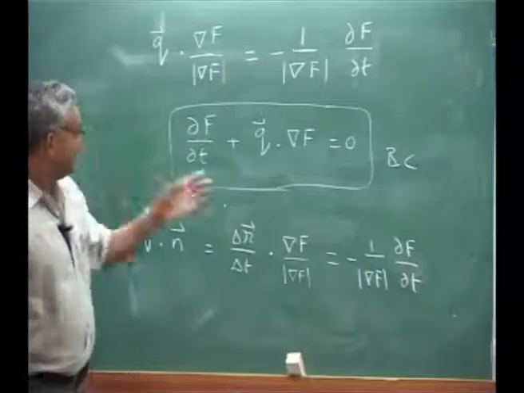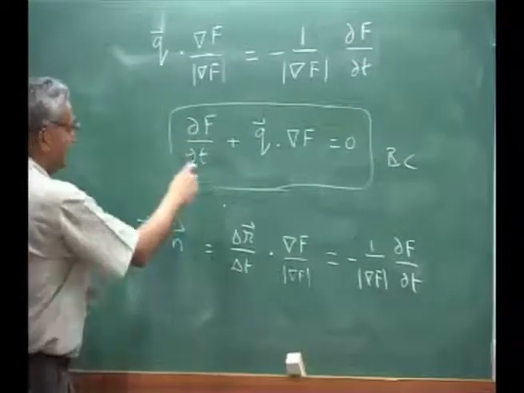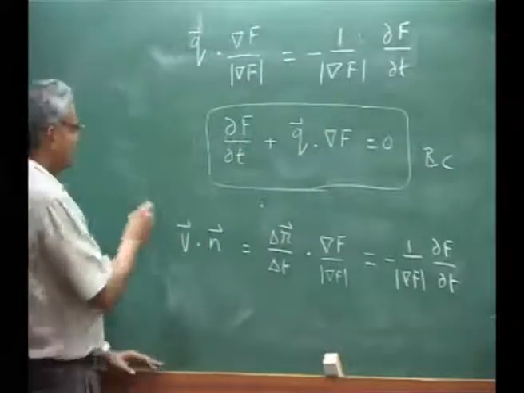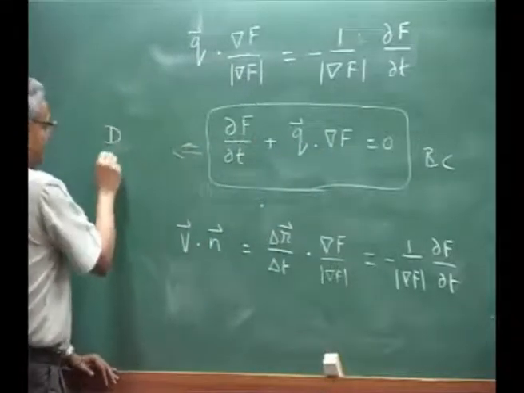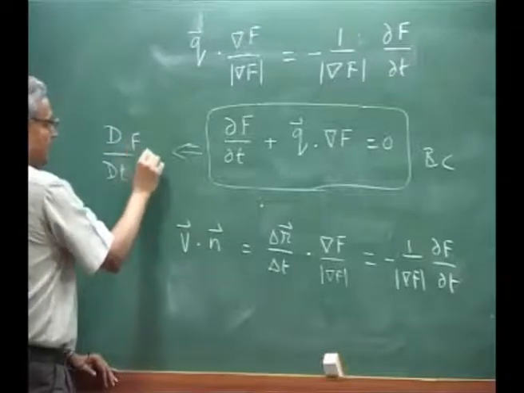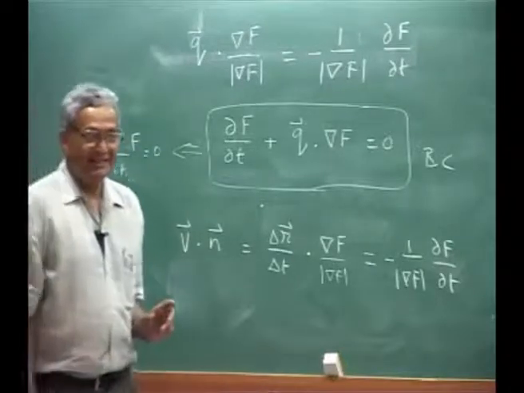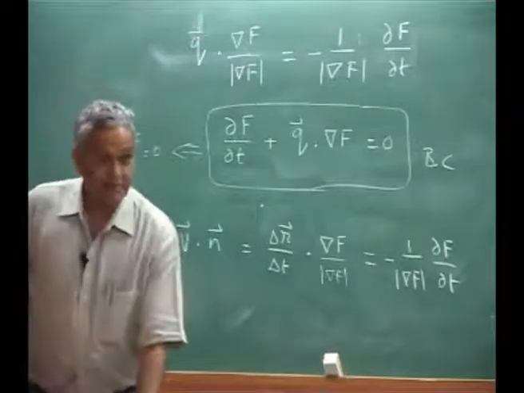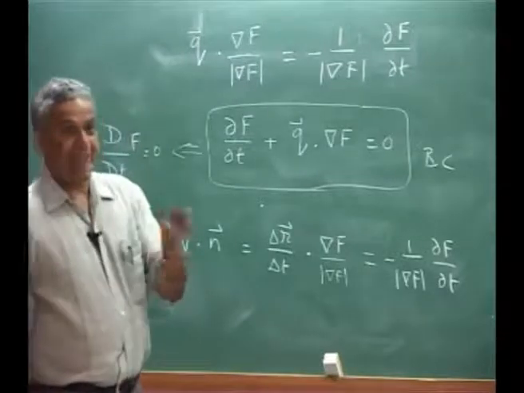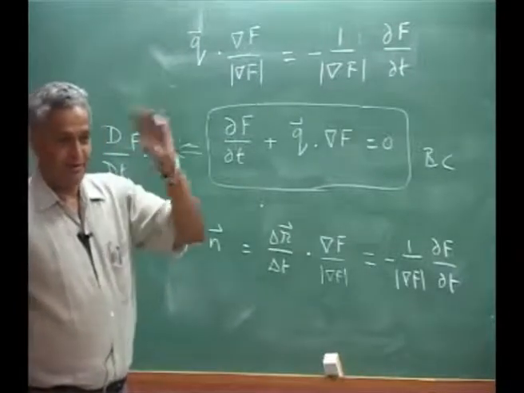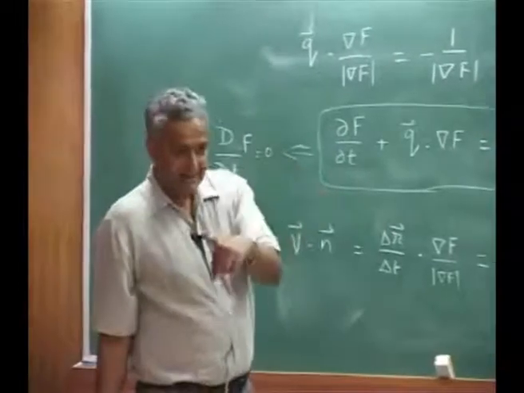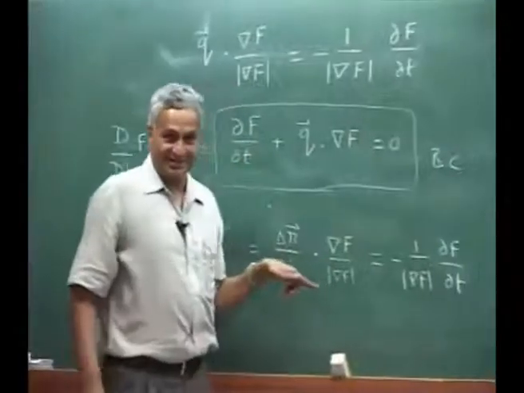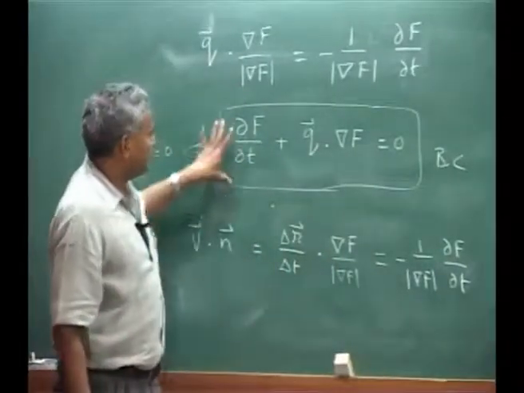This is very interesting, because del over del t plus Q dot del is nothing but the capital D by Dt, the substantial derivative. So please understand, there are two velocities. One is the body velocity normal to its surface. Another one is the flow velocity. You have to calculate the normal to the surface where you are calculating the body velocity. And this is the equation.